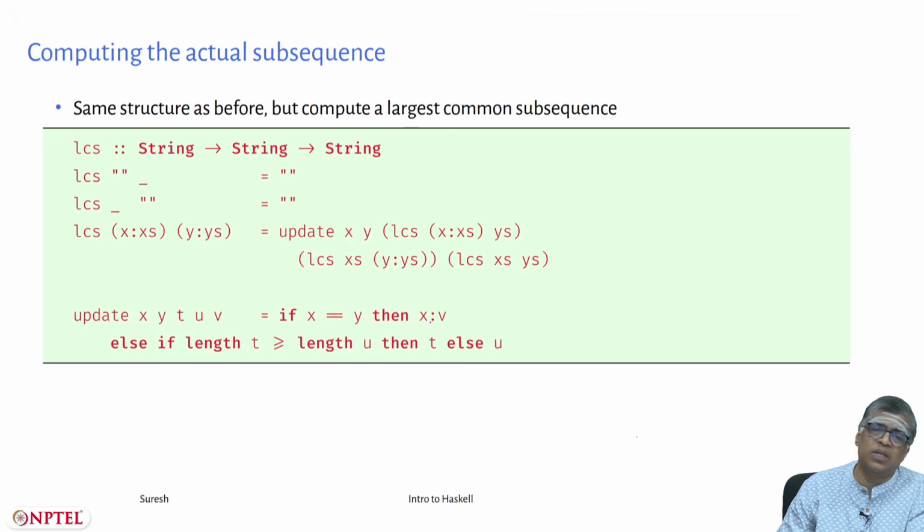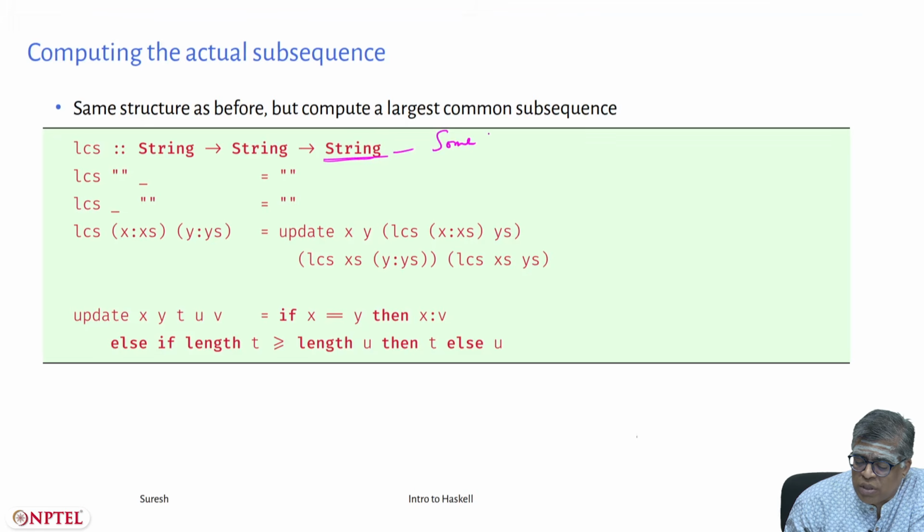One more thing is that if you just compute the lengths, that is fine, but you can also actually compute the actual string. This is some common subsequence of largest possible length.